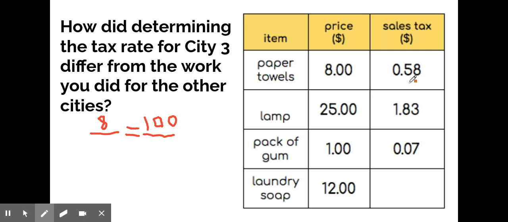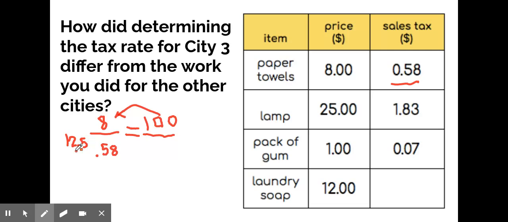And the other thing we know is 58 cents. So we're going to put that under our dollars because you always match up the items, percent over percent, dollars over dollars. Okay. So now we can go ahead and solve it. 100 divided by 8 is 12.5.